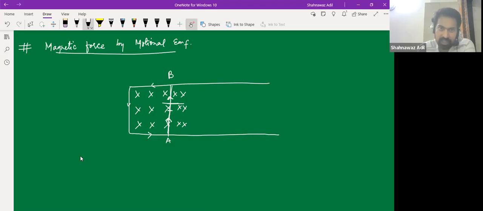What is the magnetic force on current carrying wire? Perpendicular to this. Okay, yes. Perpendicular.